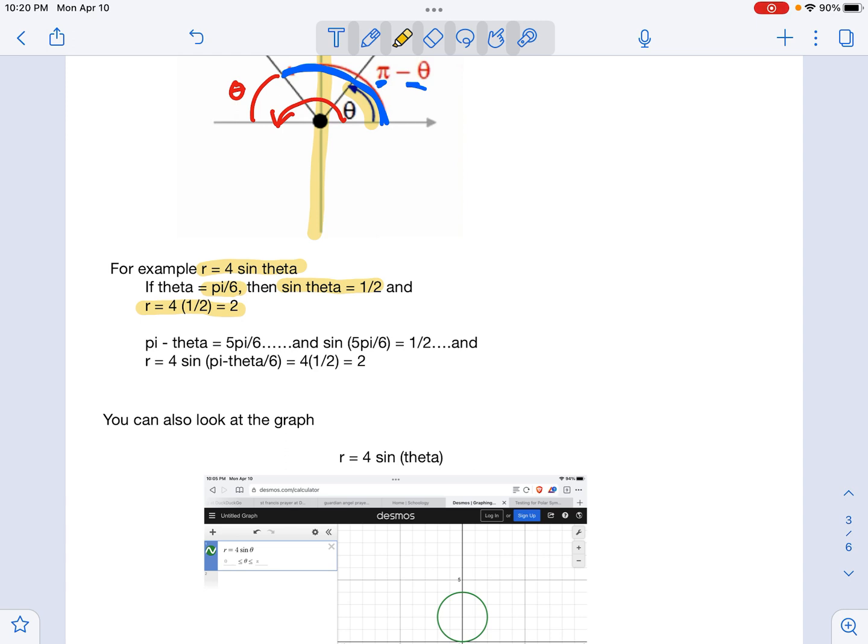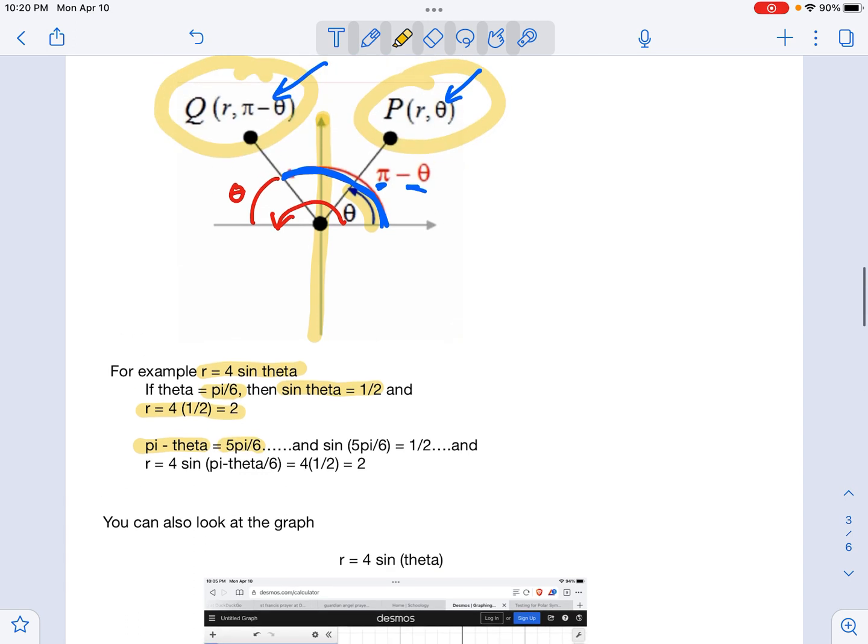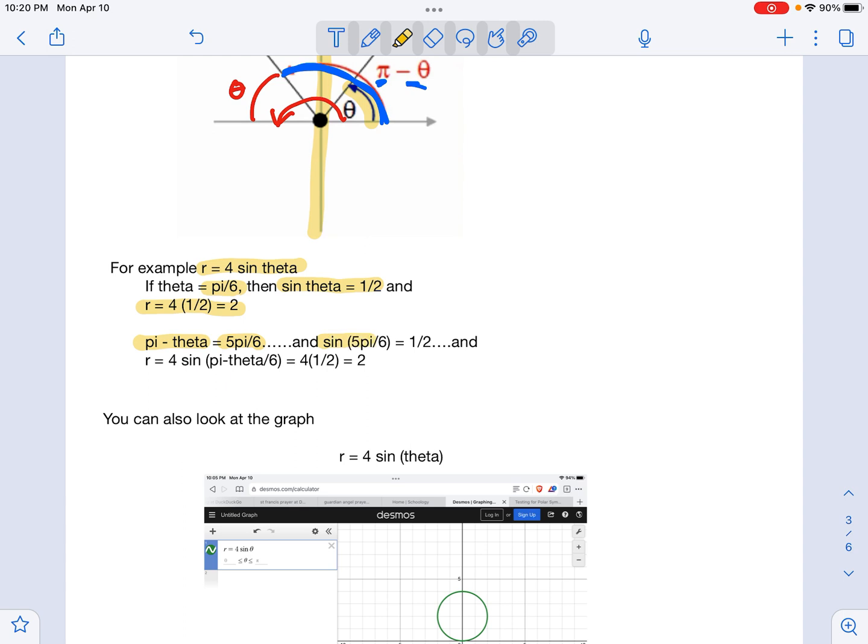Now if we try the test, we have pi minus theta. Pi minus theta is 5 pi over 6, and you know that sine of 5 pi over 6 is 1/2 from the unit circle. So we have 4 times 1/2, equals 2. Whether you put in theta or pi minus theta, you get the same answer of 2.